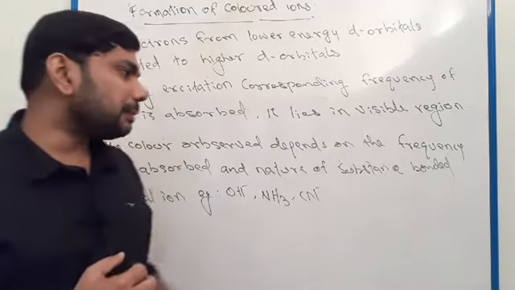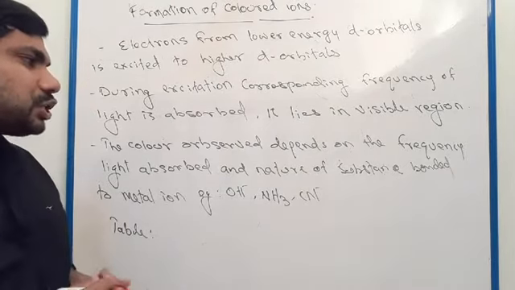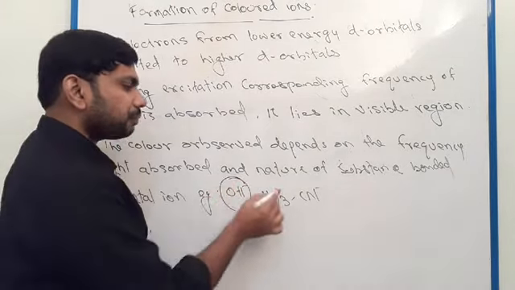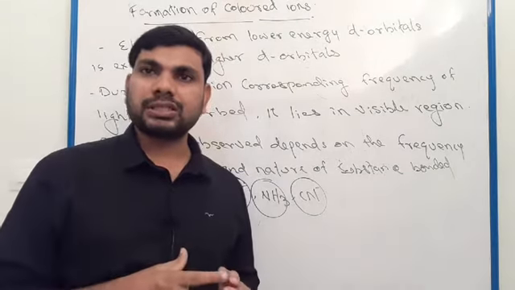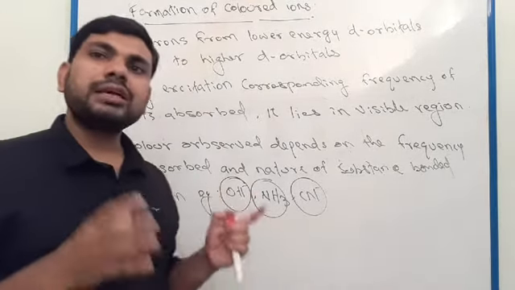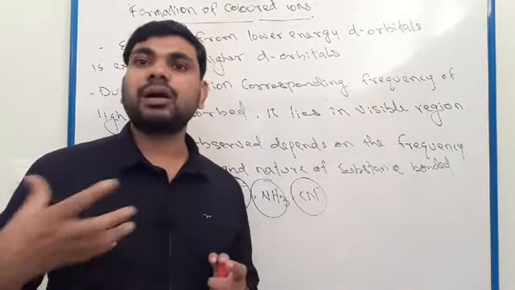Also it depends on the substance which is attached to the metal ion. Substances, for example OH minus, NH3, CN minus. Okay, these are different types of substances. They will attach to D block metals. Depending on this substance, D block metals form different types of compounds, different types of colors.